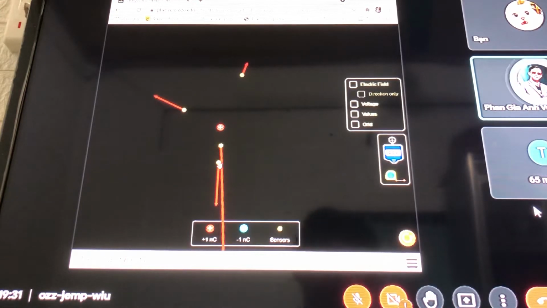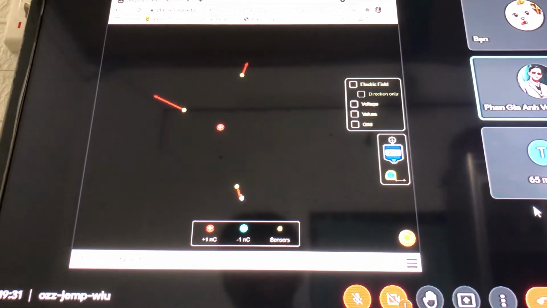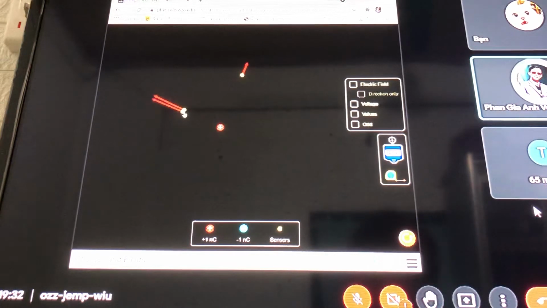Of course, when I move the charge from here, let's say I have a positive charge, so the force will have this direction. But when I move it to another new position, you can see that on the way from here to here, the force will change the direction and the magnitude too.